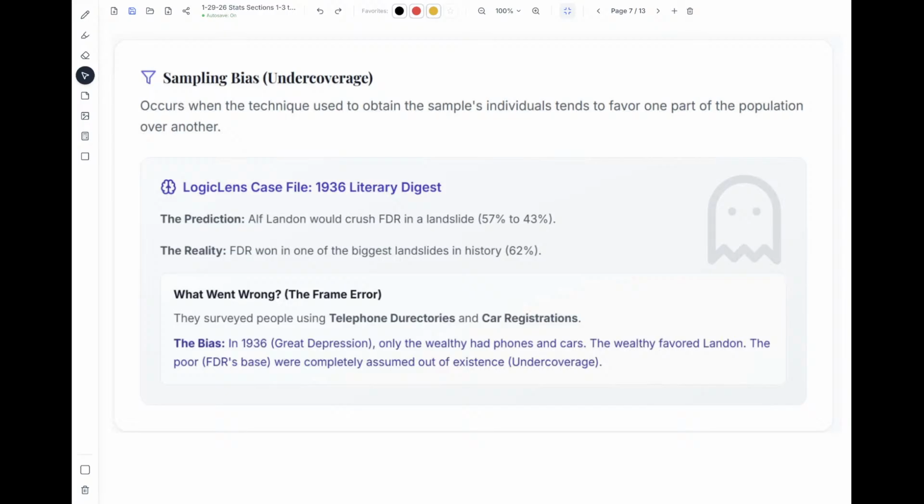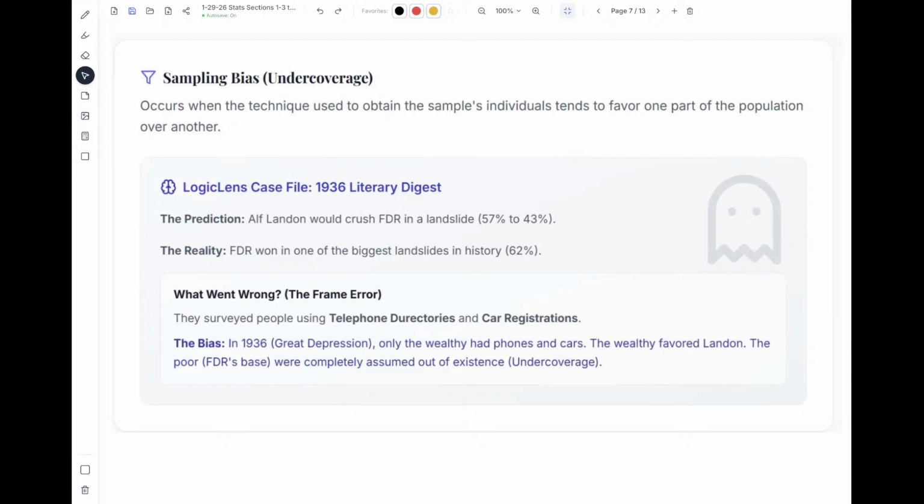I was trying to remember if it was 36 or 32. They had done a prediction, and they said that Alf Landon, the Republican running, was going to win in a landslide. FDR won by a landslide. Okay?